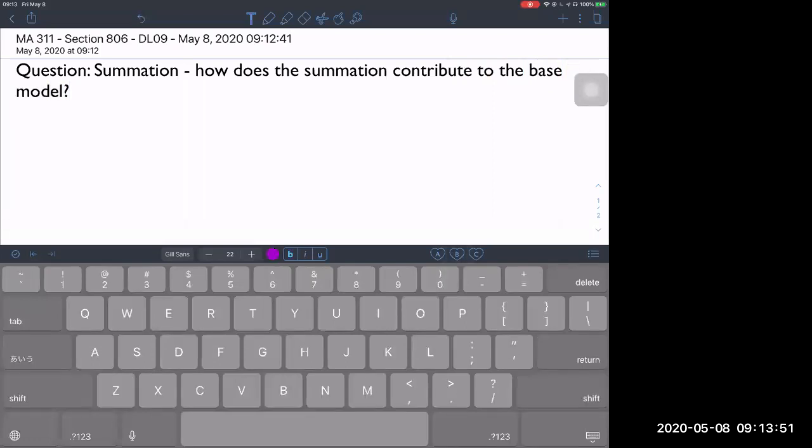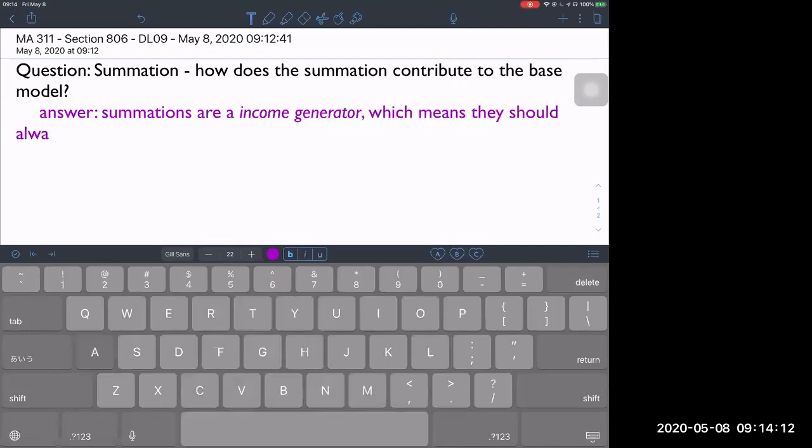The answer is, as far as this class is concerned, summations are an income generator, which means they should always be added to the base model.